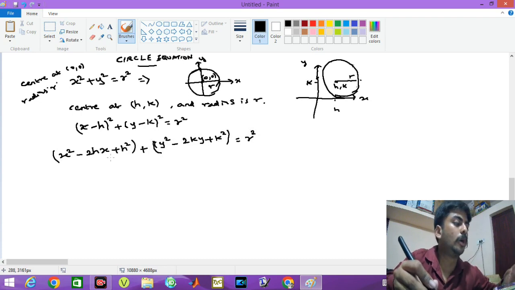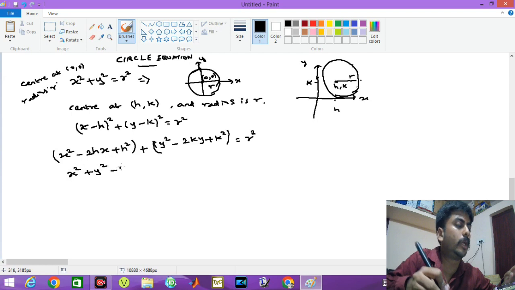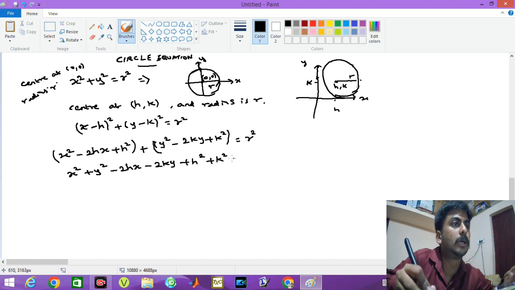So I can rearrange these terms as x square plus y square minus 2hx minus 2ky plus h square plus k square minus r square equal to 0.